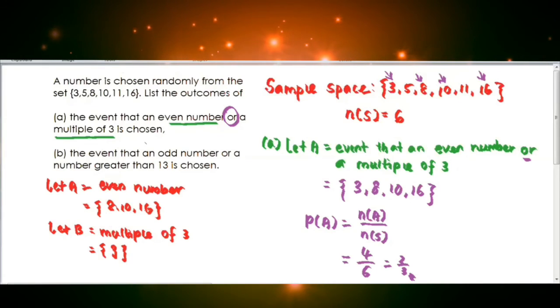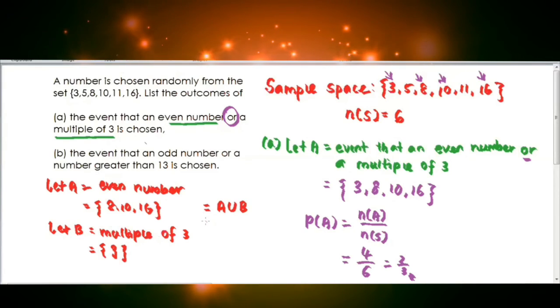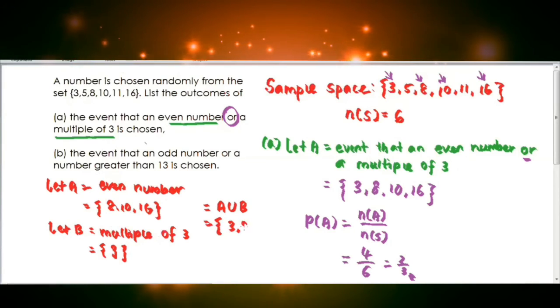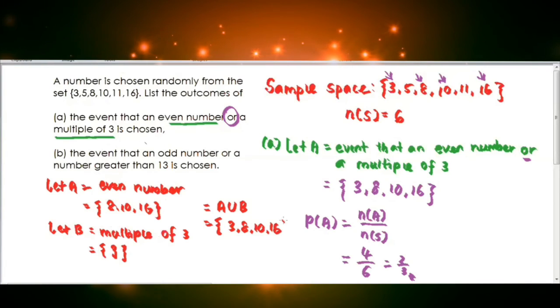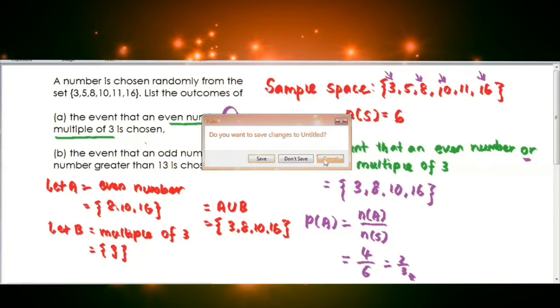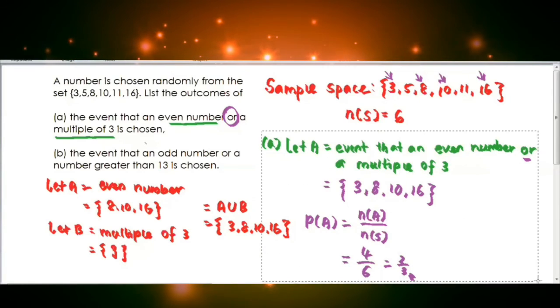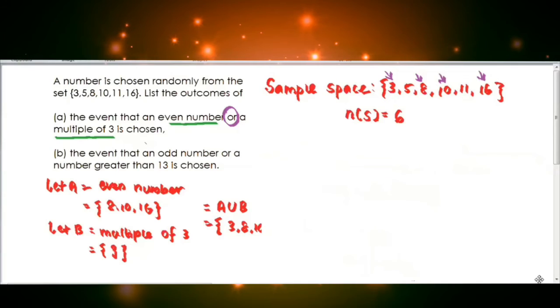The event that an even number or a multiple of 3 is chosen means we need to combine these two answers, A union B, which equals 3, 8, 10, and 16. We can do it like this also. Now for question B. Not this part first.